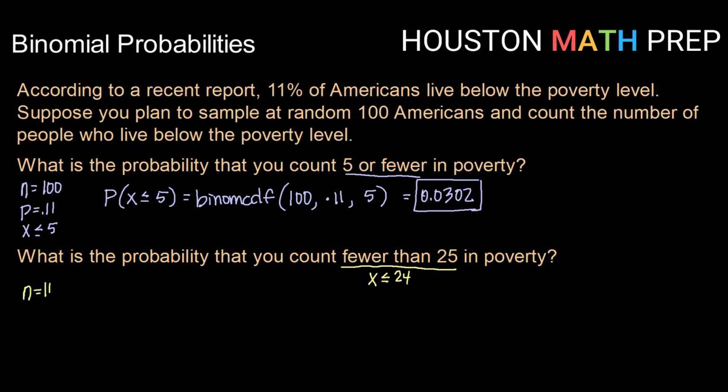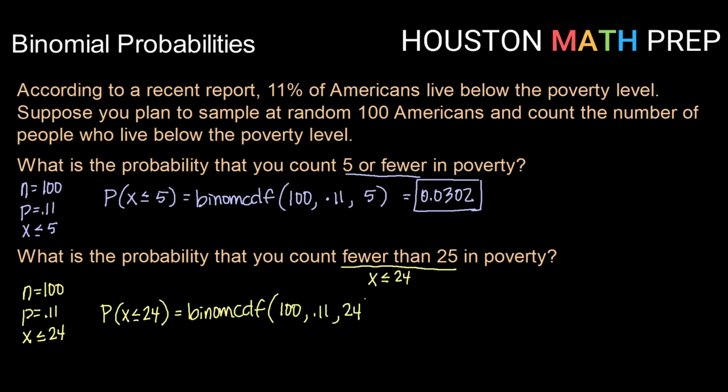So with the same n is 100, the same p is 0.11, and now x is less than or equal to 24, our probability of finding fewer than 25, which is x is less than or equal to 24, is our binomial CDF, or cumulative distribution function, with 100, 0.11, 24.